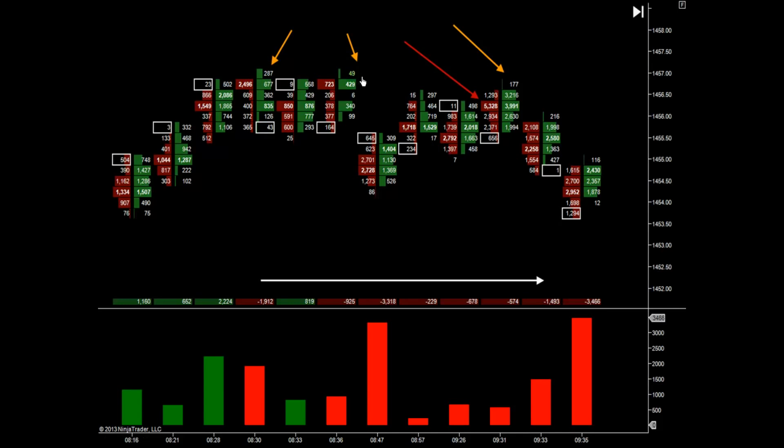Now, if we look at the red arrows, we can see that we pushed up to 1 tick below the high and printed 177 contracts. Again, no buyers there.